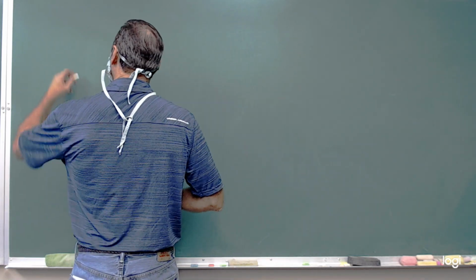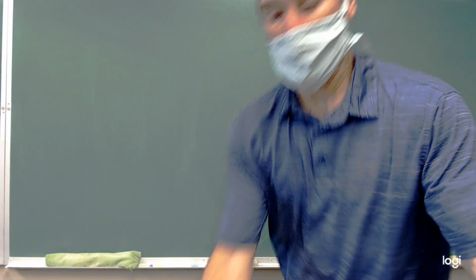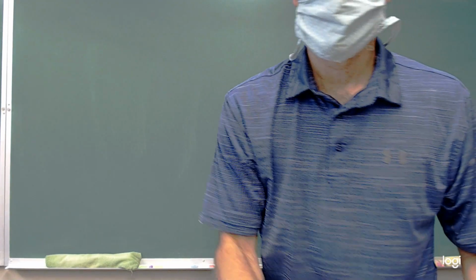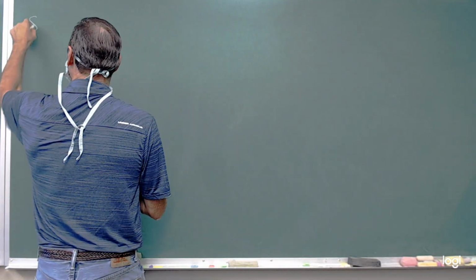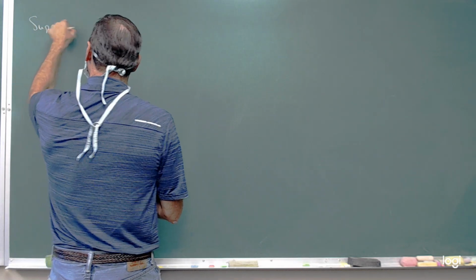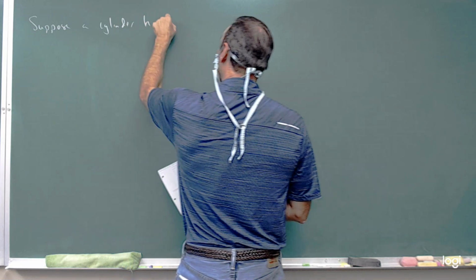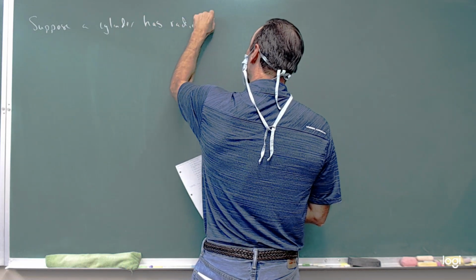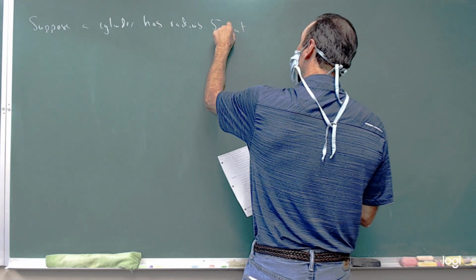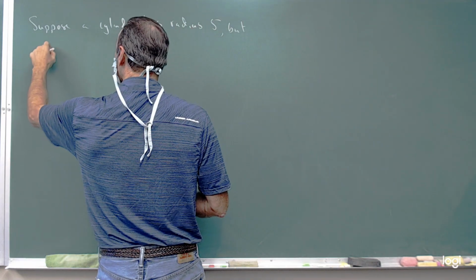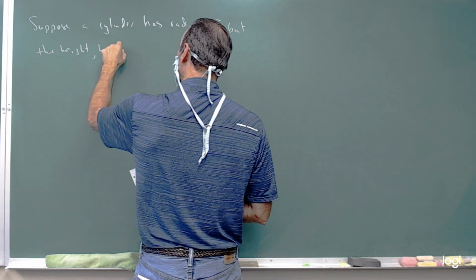Let me make sure I say it the way I want to say it. Suppose a cylinder has radius 5, but the height h changes with time.